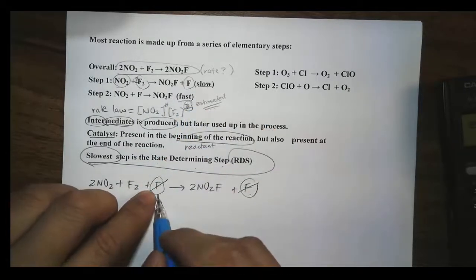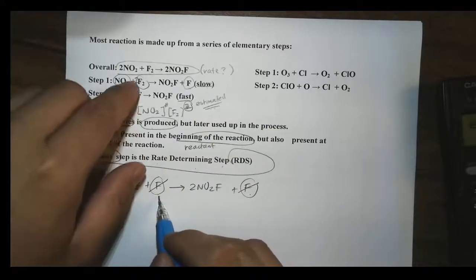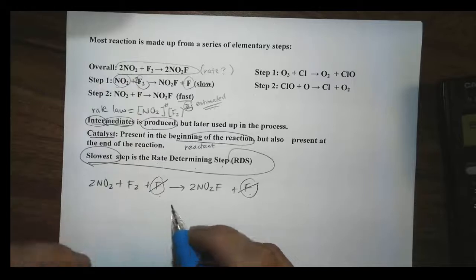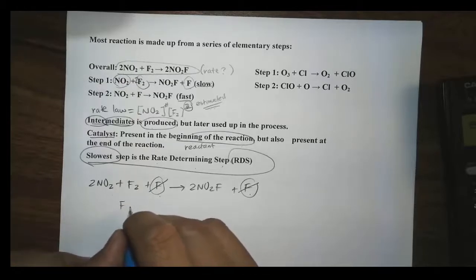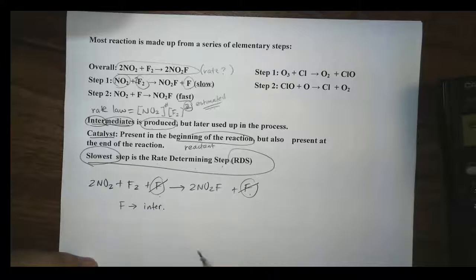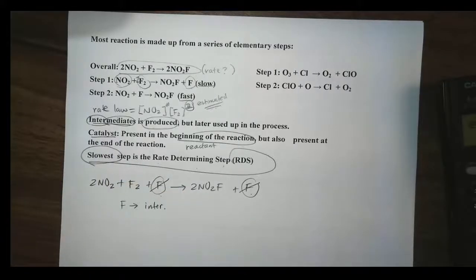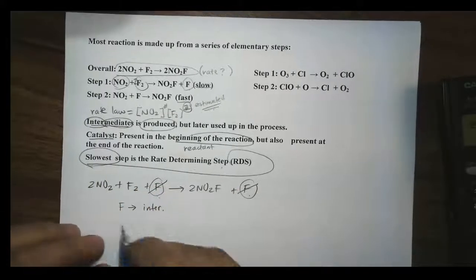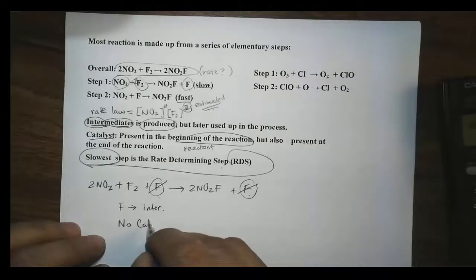So that tells you this cannot be your catalyst. In order to be a catalyst, it has to be on the reactant side at the beginning. So F is your intermediate. In this case, do we have a catalyst? No, because there's nothing else, right? So there would be no catalyst.